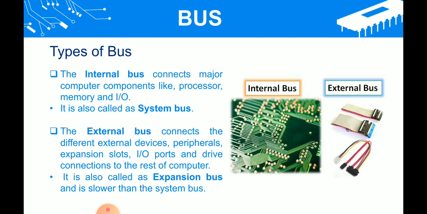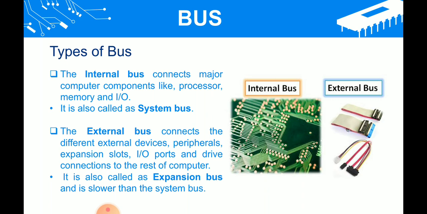The internal bus connects the major components, that is processor, memory and I/O. The internal bus is also called the system bus. The external bus connects the external devices, that is expansion slots, I/O ports, drives to the computer.